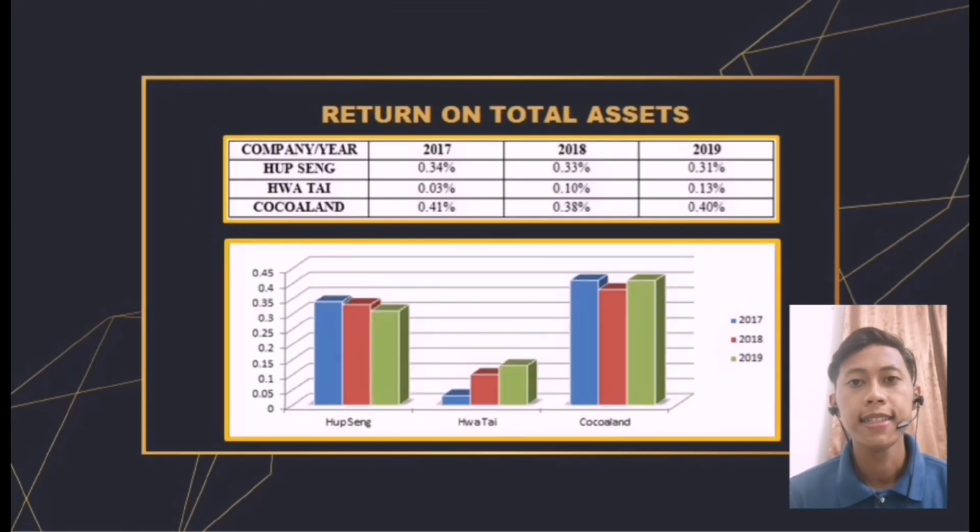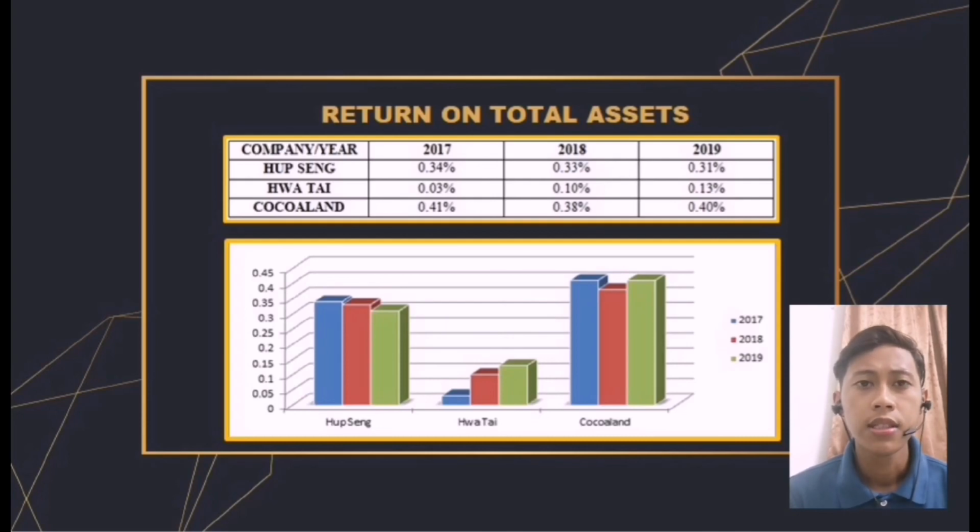Return on total asset. From the graph, we can see that among the three companies, Coquelin is better than the other companies, which are Huatai and Hapsang. The percentage return on total asset of Coquelin is 0.41% in 2017, 0.38% in 2018, and 0.40% in 2019.